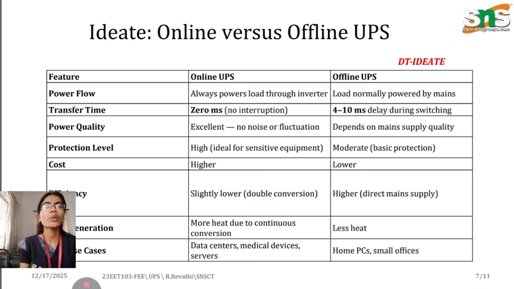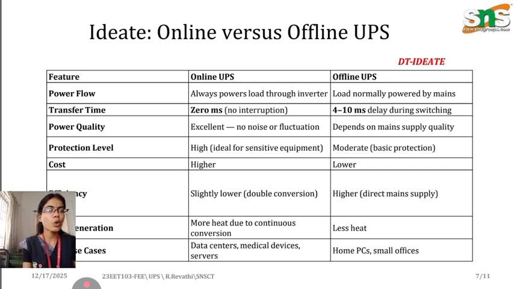Between online UPS and offline UPS, there is a lot to compare: power flow, transfer time, power quality, cost, protection level, heat and efficiency. Comparing the cost, online UPS is higher and offline UPS is lower. Power quality is excellent in online UPS and depends on the main supply quality in offline UPS.